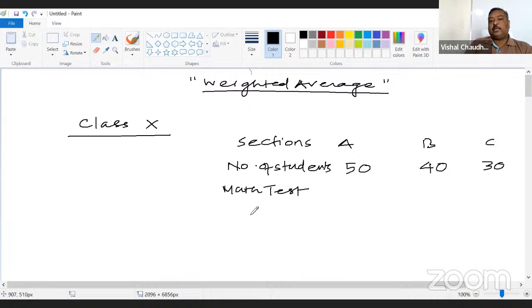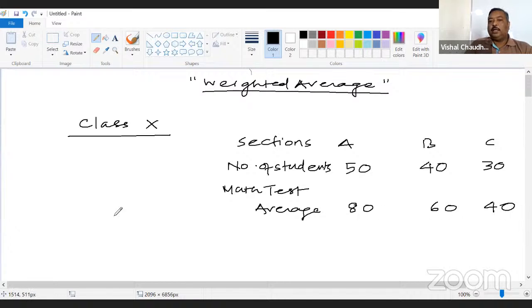The average of section A is, let's assume, 80, section B 60 and section C 40. This is your average marks.